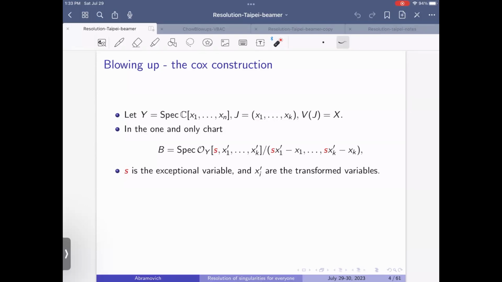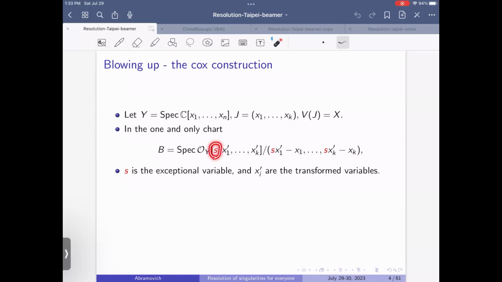So the way you blow up using the Cox construction, you first define a variety which I'm calling B, using Wlodarczyk's notation. B stands for bordism or cobordism. B is a variety where you add several variables and you mod out by an equation.